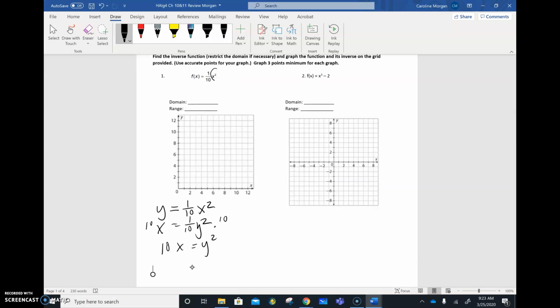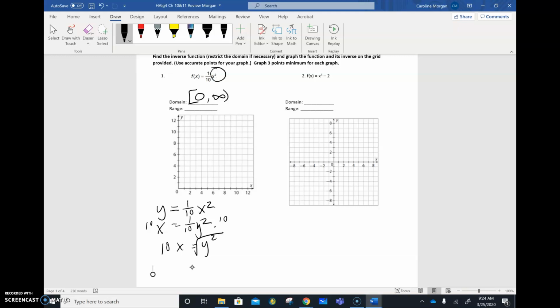This is a quadratic. If I try to find the inverse function like this, I'm going to run into an issue. So I have to restrict the domain. And remember, I restrict the domain to 0 to infinity. Okay, now let's finish.